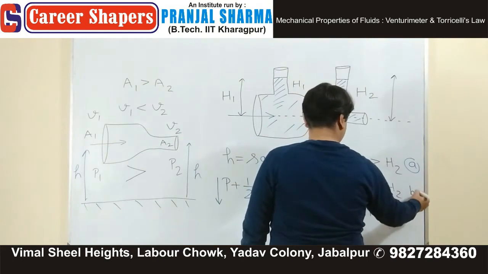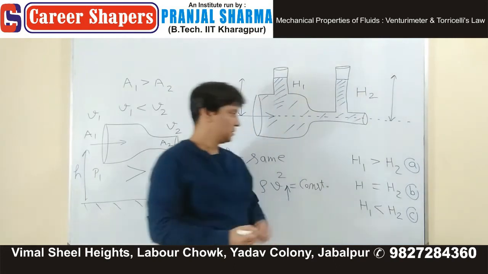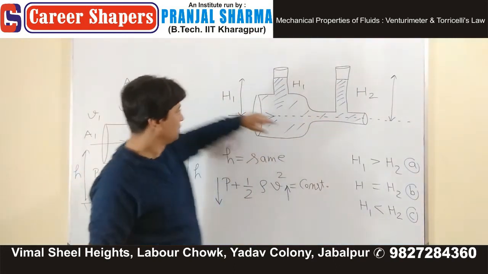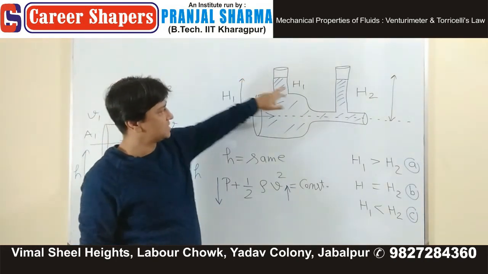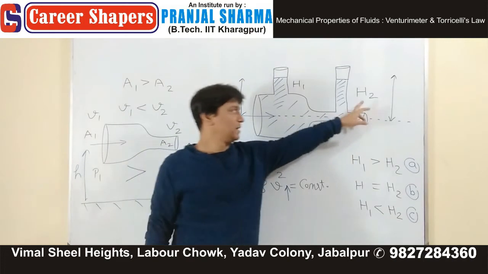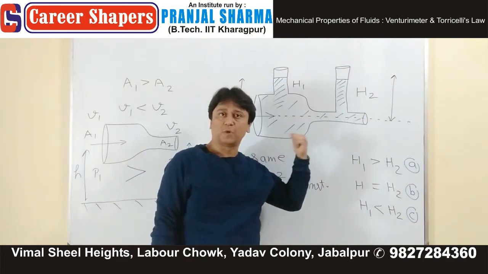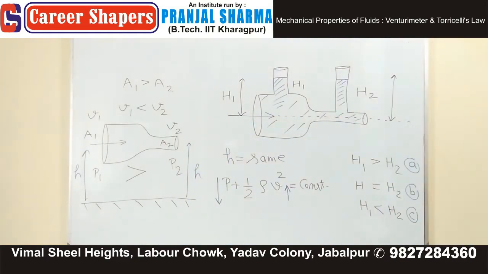A, B, C. As water is flowing through it, height of liquid column in the first limb is H1, in the second limb is H2. Which option is correct for this question? Let's see how many of you will answer this part.